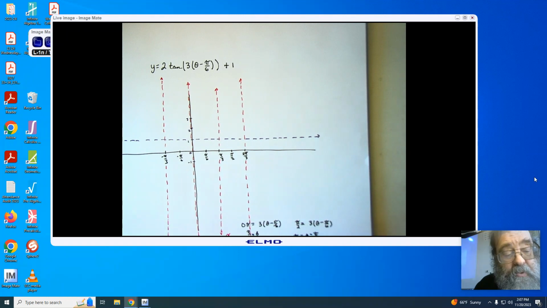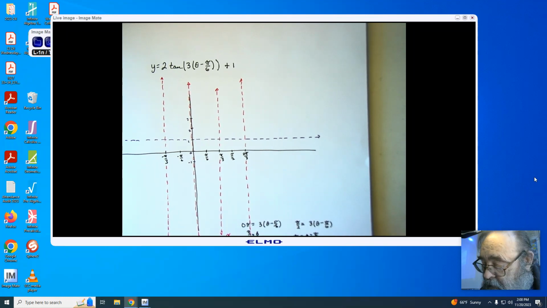And then these should have been x's, not thetas, Mr. Lamb. I'm just going to go ahead and correct that right now. These are now x's. These are lengths. All right. Now we're ready to graph.